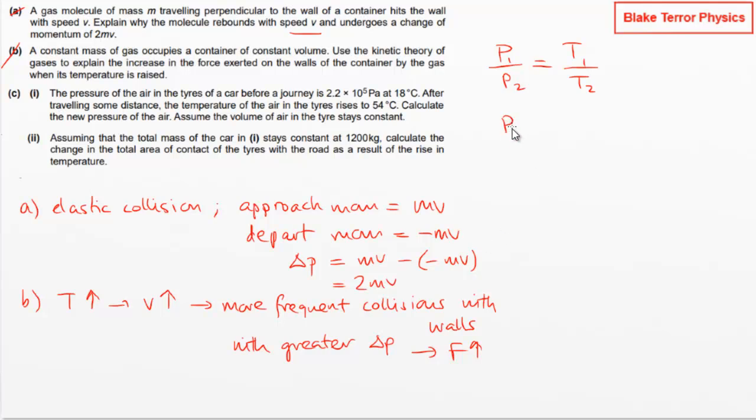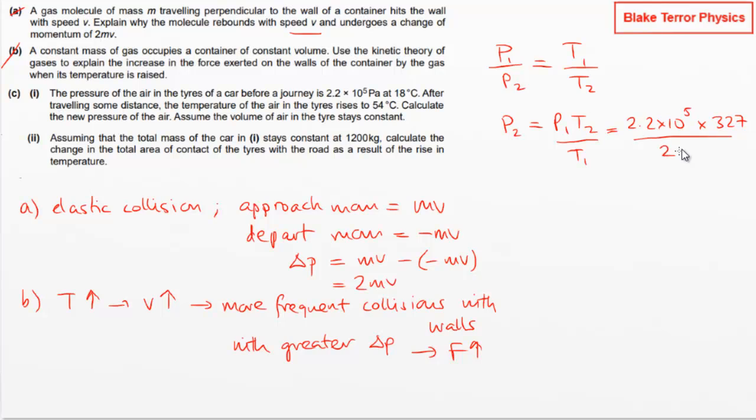So P2, which is what we want, is going to be P1 T2 over T1, which is equal to 2.2 times 10 to the 5 multiplied by 273 plus 54. So that's 327, our final temperature, divided by 291, since it started at 18 degrees.